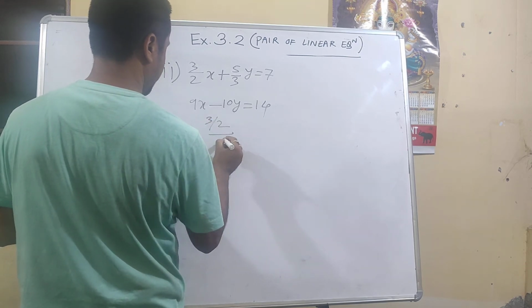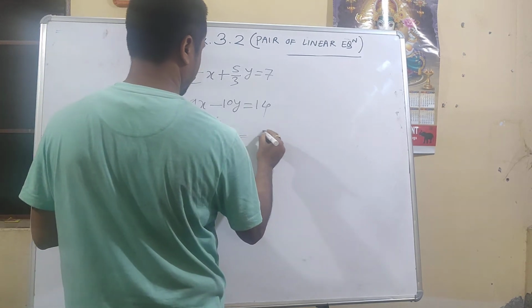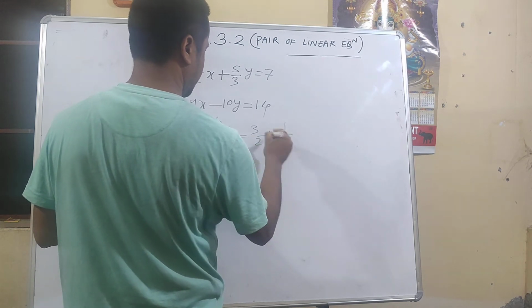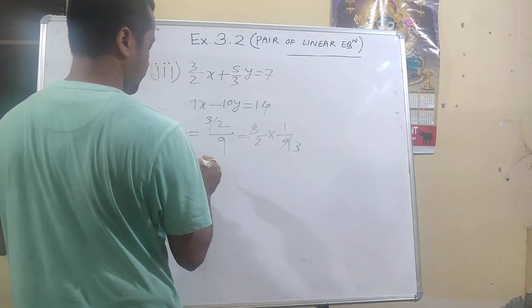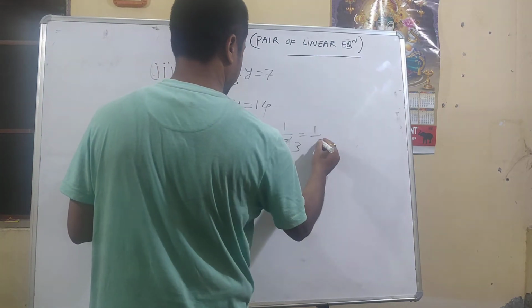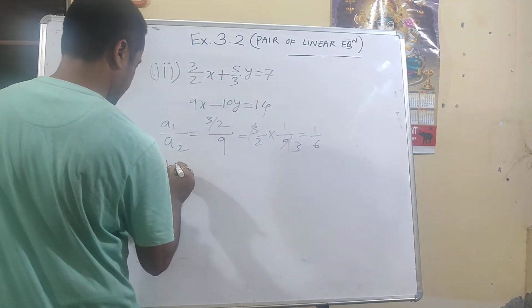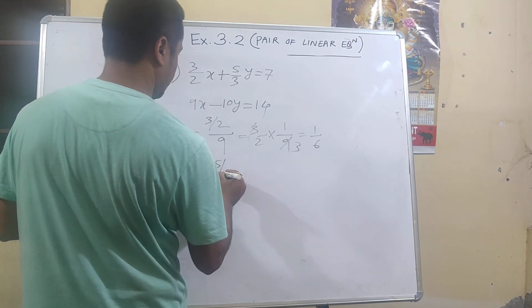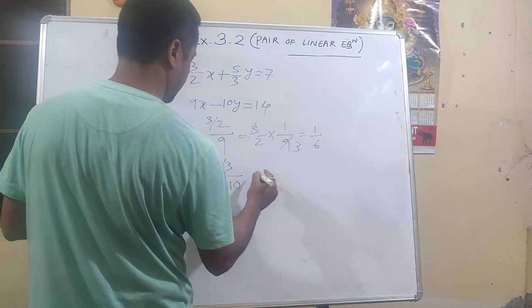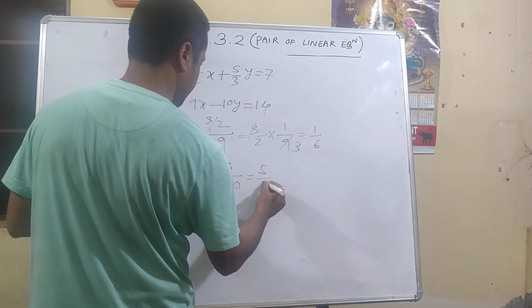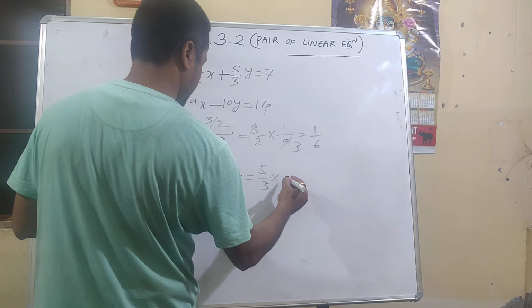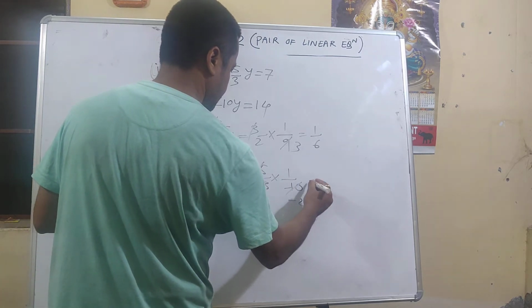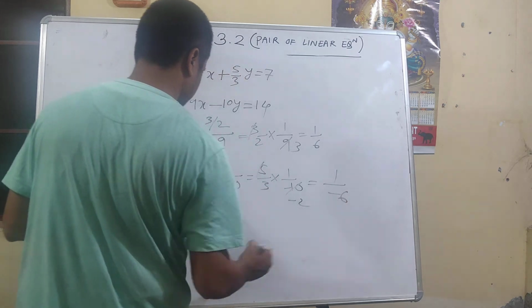It is 3 by 2 by 9, that is 1 by 6, and b1 by b2 is 5 by 3 by minus 10, which is 5 by 3 into 1 by minus 10, so it is 1 by minus 6.